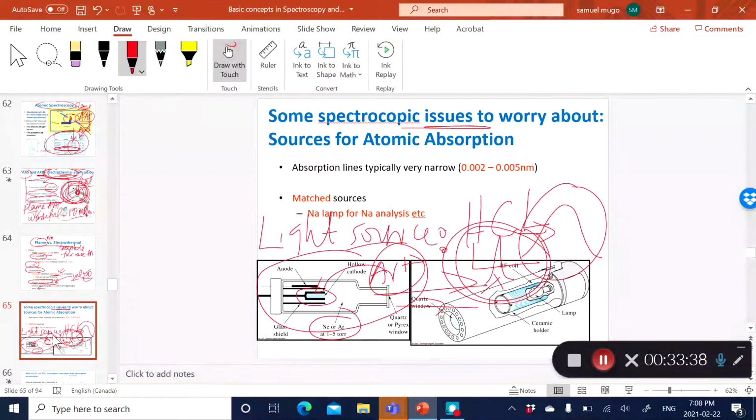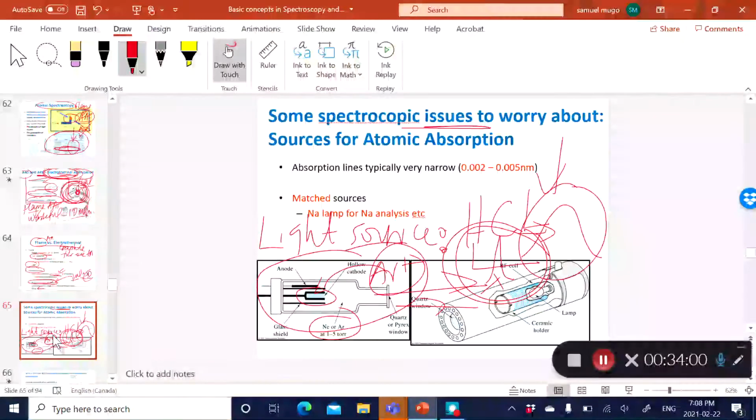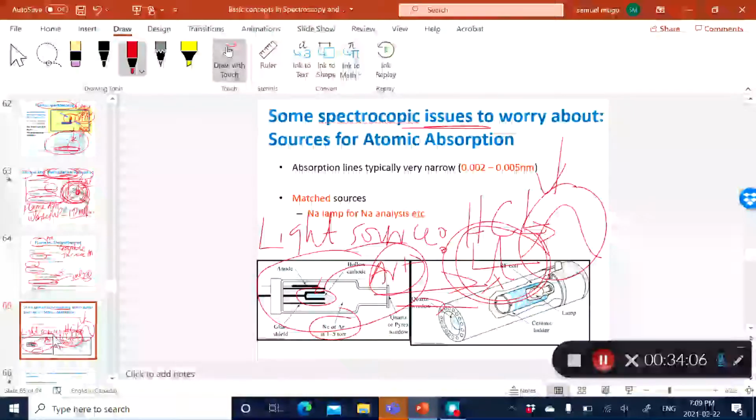The limit of detection gets impacted because of the line source being broadened as it transitions from the atomizer to the detector. So the question is, why does broadening happen?